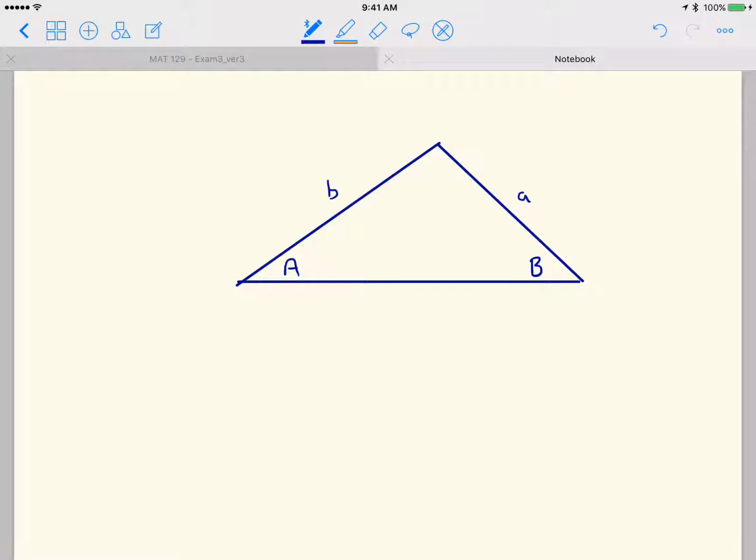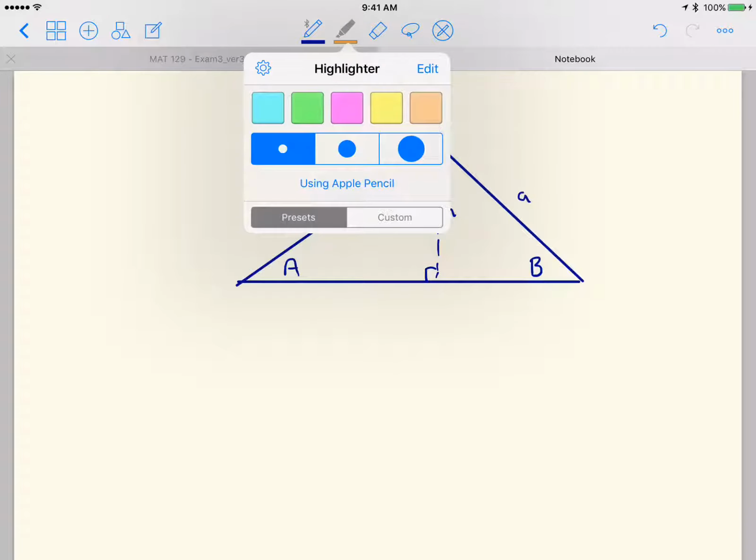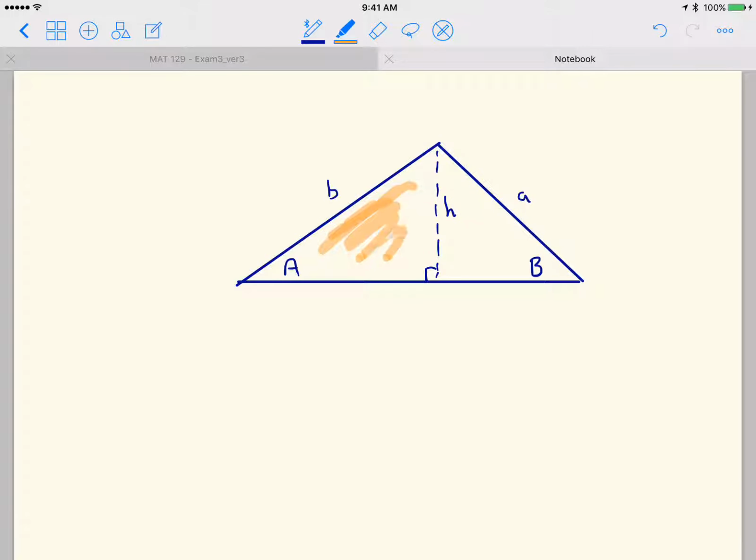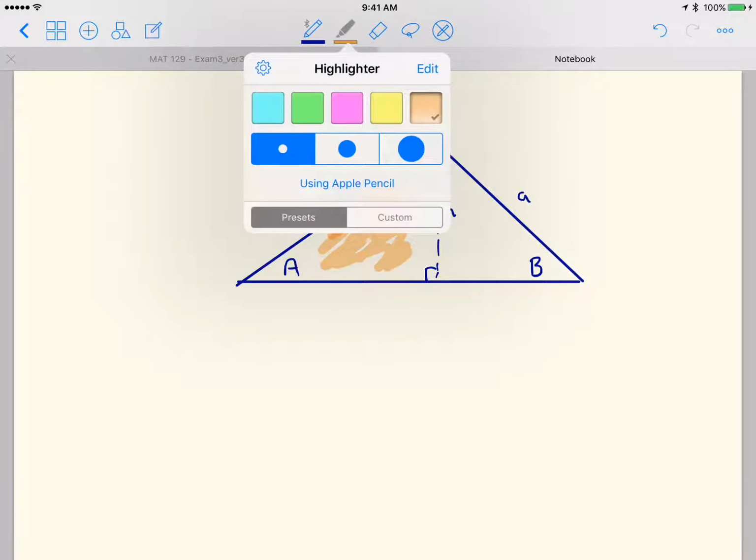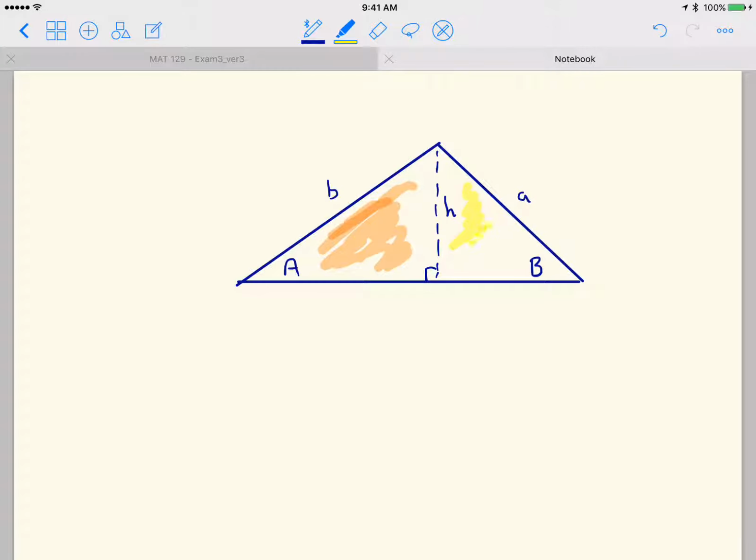Okay? Now, I could come in here and draw in a perpendicular height, h. Now, doing that, I could look at the triangle on the left, and then I could look at the right triangle on the right. So in doing that, on the triangle on the left, this would be opposite.